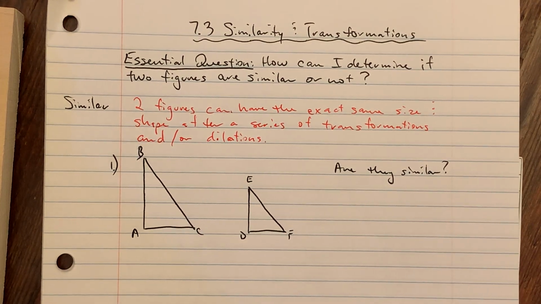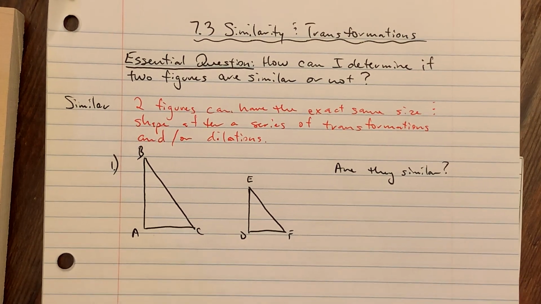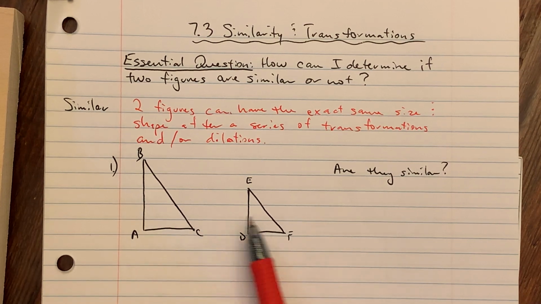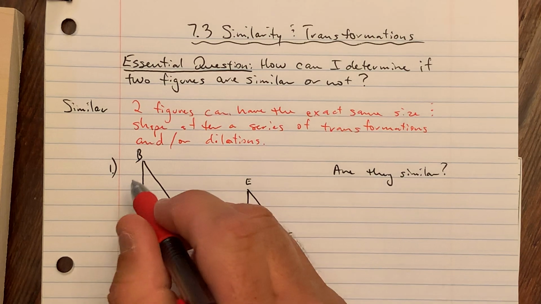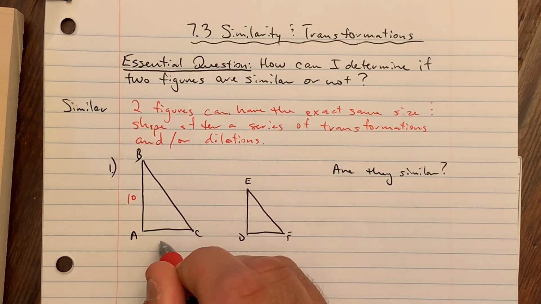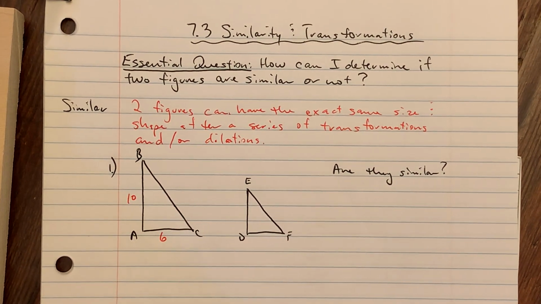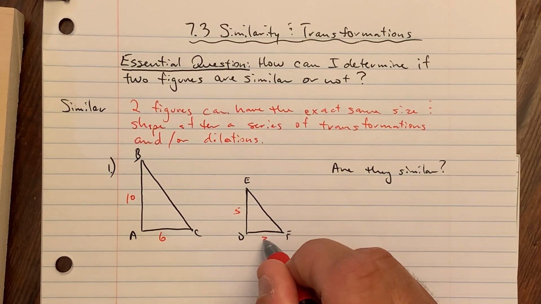I need a little bit more information. I can't just say I can shrink this one down or enlarge this one without having some numbers. So let's say that the height of this triangle is 10 and the base length is 6. The height of this one is 5 and the base length is 3.